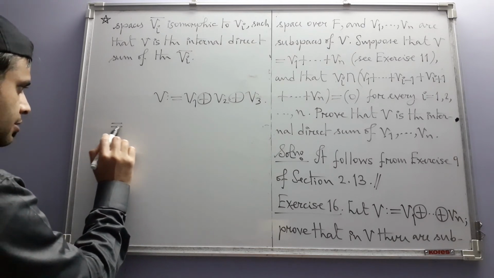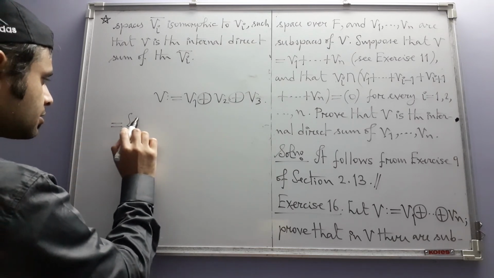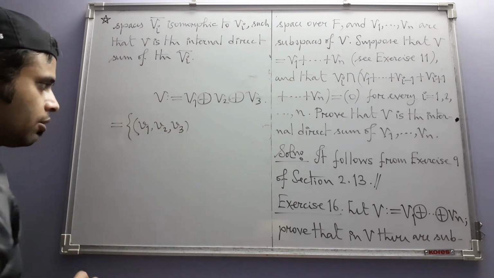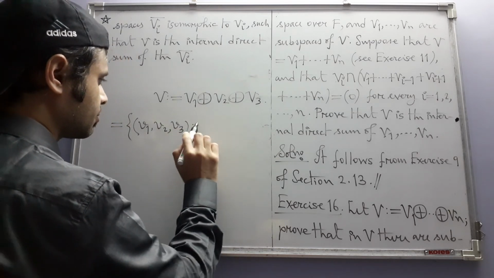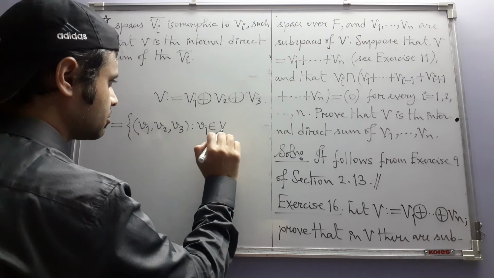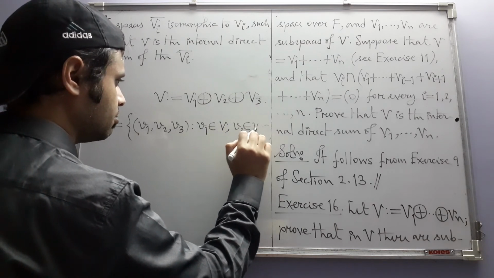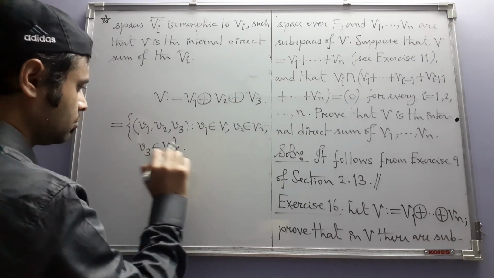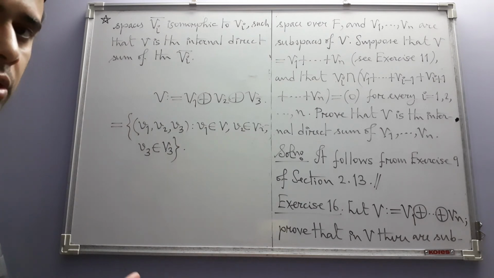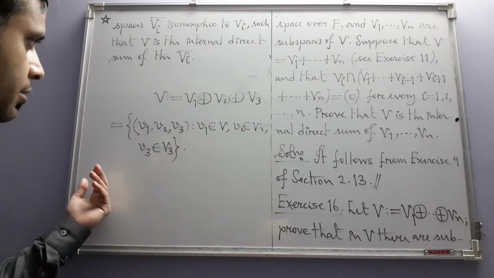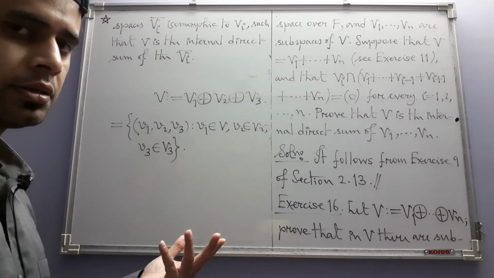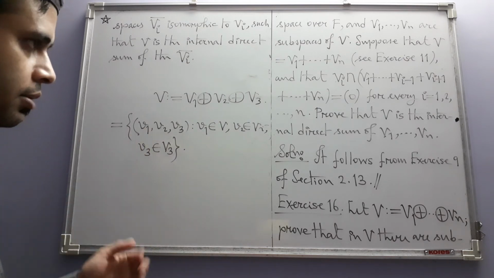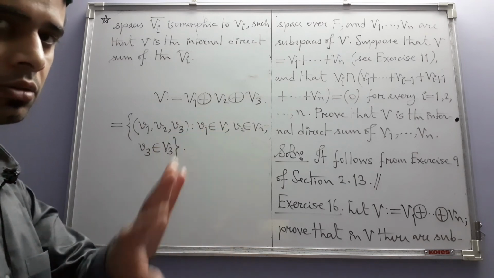So that means as a set, V is the set of all ordered triples such that v1 belongs to V1, v2 belongs to V2, and v3 belongs to V3. And we know from the definition of external direct sum that the operations on this set, that is addition and multiplication by scalar, are defined component wise, and in a single component the operations are those of the corresponding spaces.